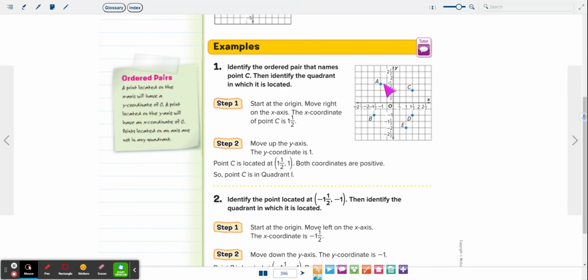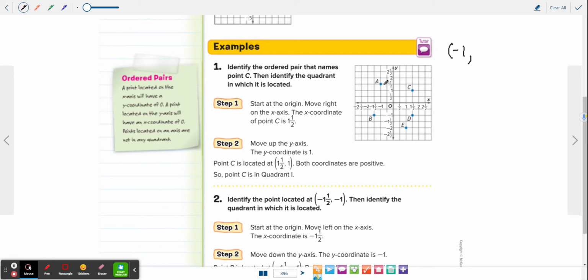First of all, the quadrant it's in, remember we start here with 1. So this would be 2. It's in quadrant 2. And then we want to identify the point. So we have to look at, here's 0, how many spaces it goes over. So there's 1/2, -1. So I need to write that down. It is parentheses and then -1, comma.